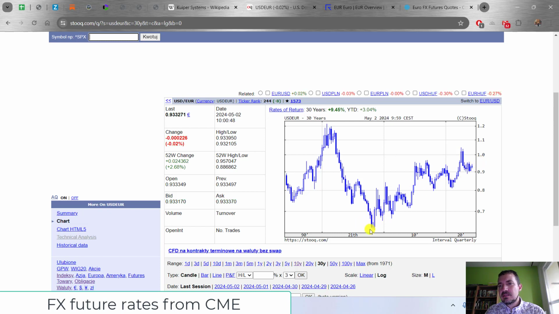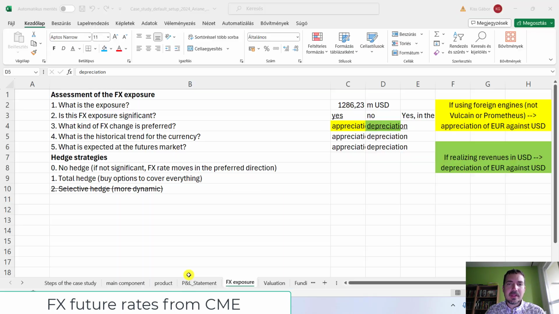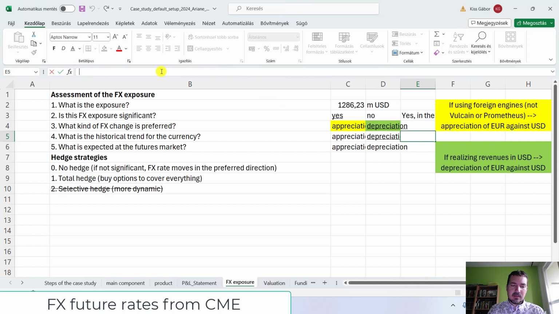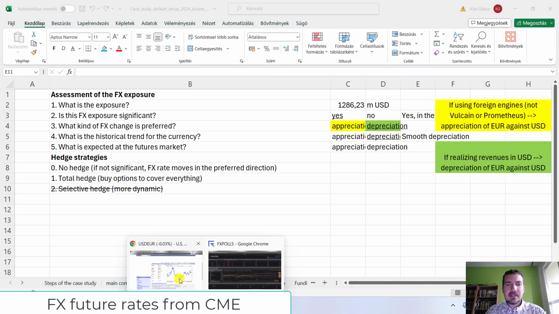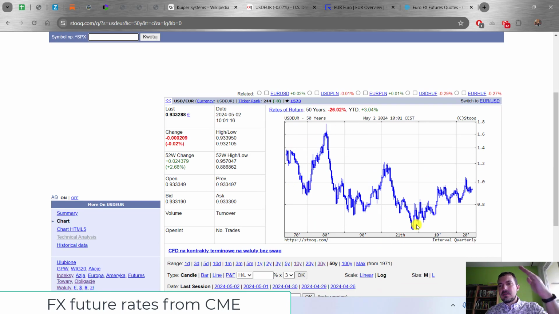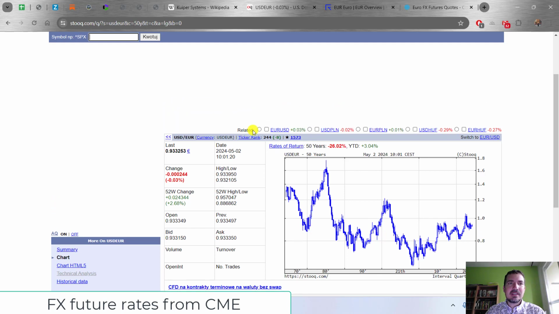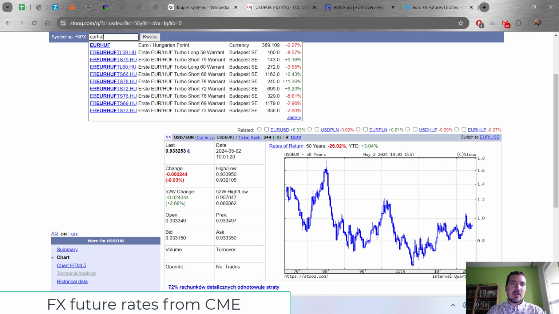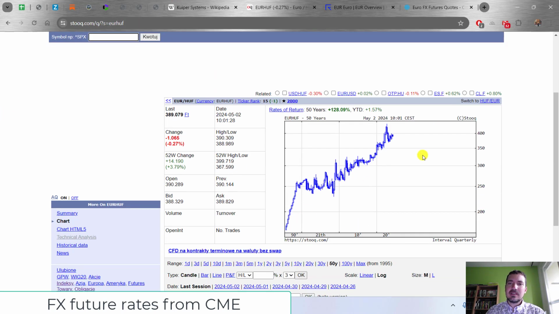So we can say that it will depreciate further. Small depreciation can be expected if we are just looking at it, but at the same time we can see that this is behaving like a sine curve. So it's always fluctuating around the mean. It doesn't have a clear depreciating trend, like for example in the case of the euro, where we can see where this is going.